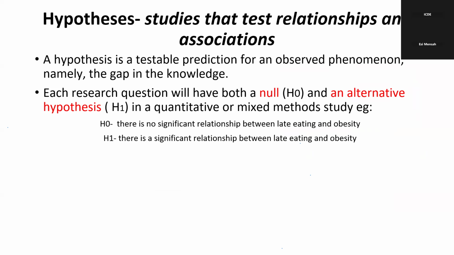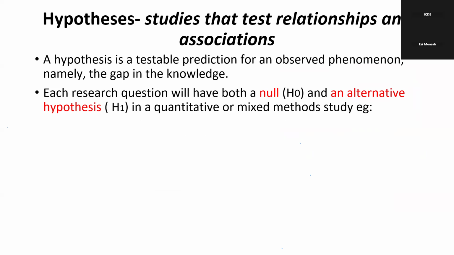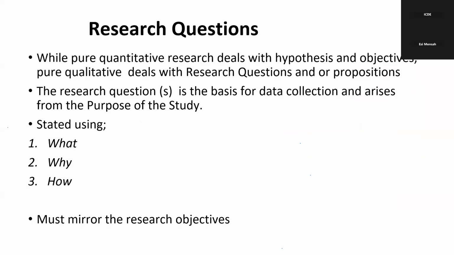Now, if you are not doing a quantitative study and you are doing a qualitative study, for a qualitative study, we want to see research questions and or propositions. At your level, just have research questions.